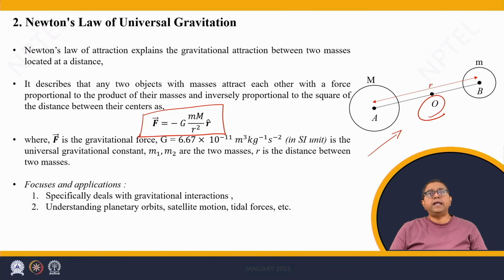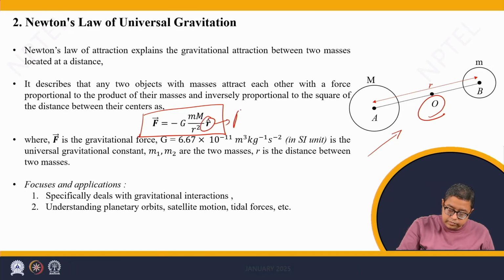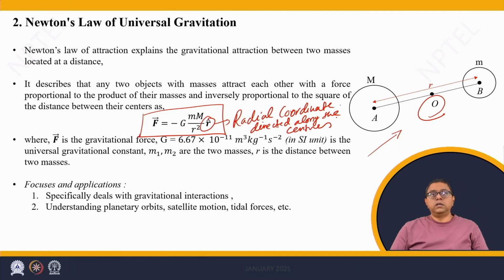As the force is directed along the line joining the centers, that direction is denoted by the radial vector r vector. The r vector is directed along the centers of the two points.